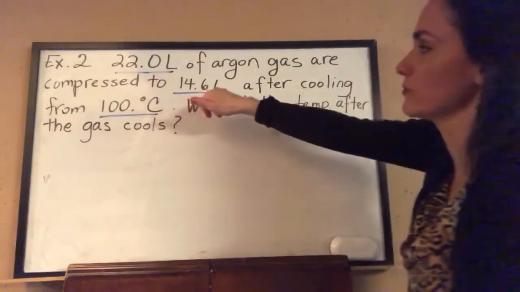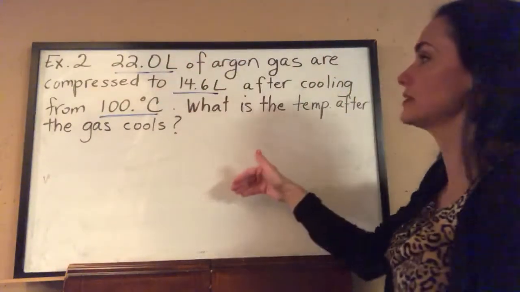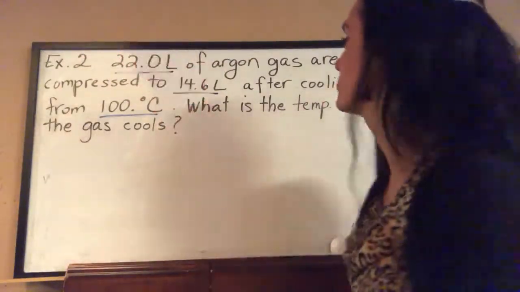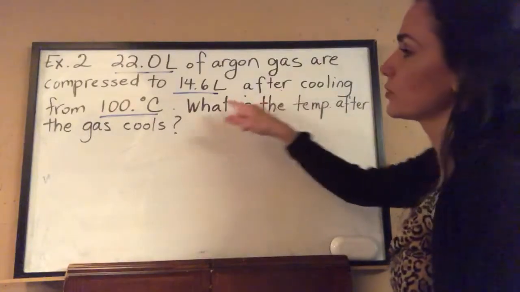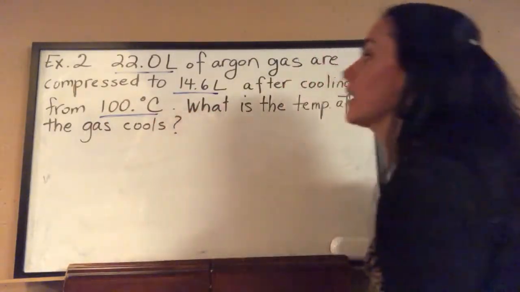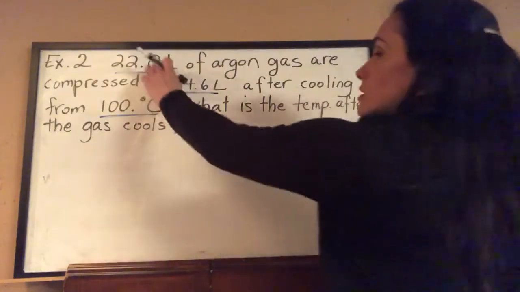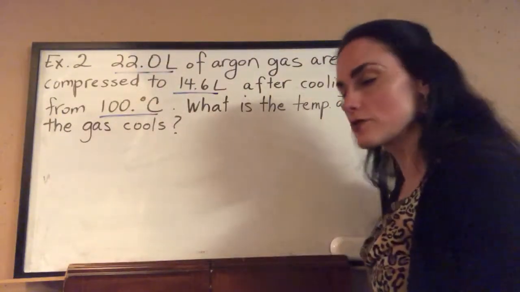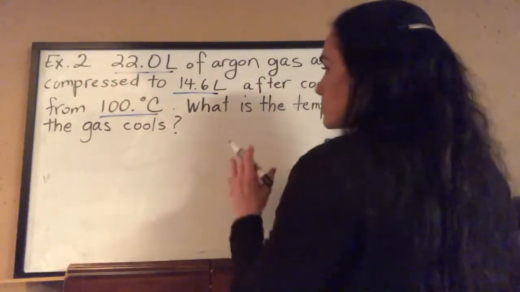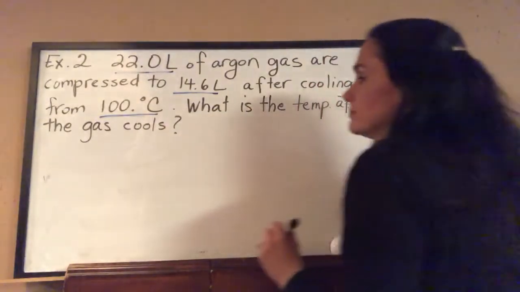You have another volume, 14.6. The volume went down, okay? You have 22 liters and it's going down to 14.6. After it cooled from 100 degrees. So we had it at 100 degrees Celsius, okay, pretty hot, and the volume went down. As a result, the temperature we should see go down. All right, so we want to find the temperature.